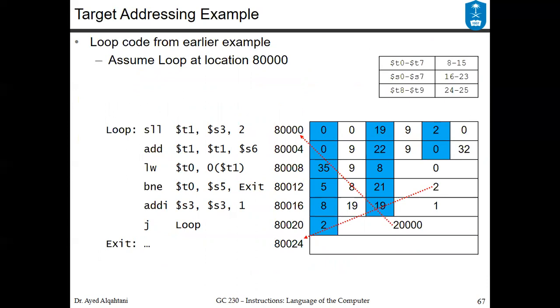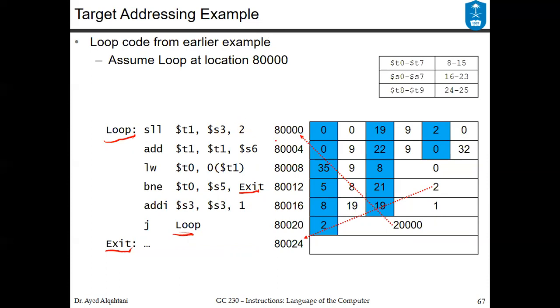Here we care about what is the value of the labels. What is the value of the loop? What's the value of the exit? What's the value of this one in the jump instruction? And so on. And what is the value also in this exit? So what happens, the shift left logical, we have T1, S3, and also we have 2.